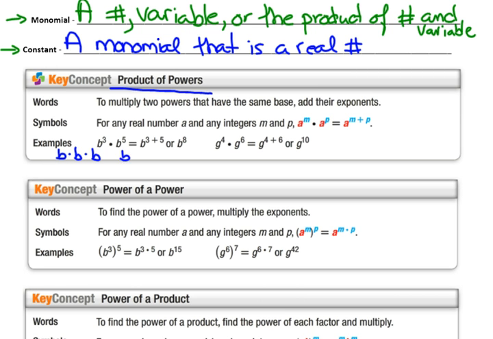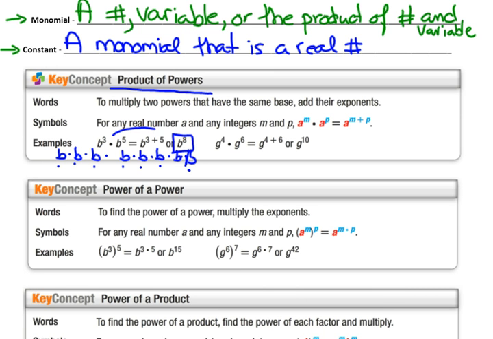B to the fifth means that I'm multiplying 5 of them together. If I multiply all of those together, I'm multiplying 1, 2, 3, 4, 5, 6, 7, 8 b's. So that can be written as b to the 8th.